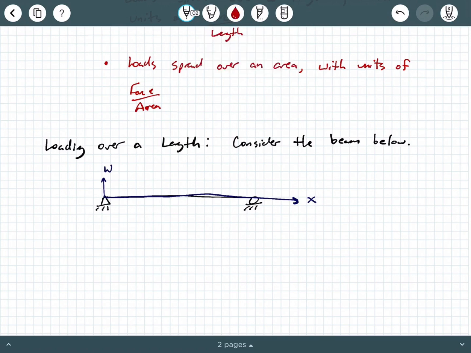And then we're going to say that we have some load, W, spread out over the length of this beam.